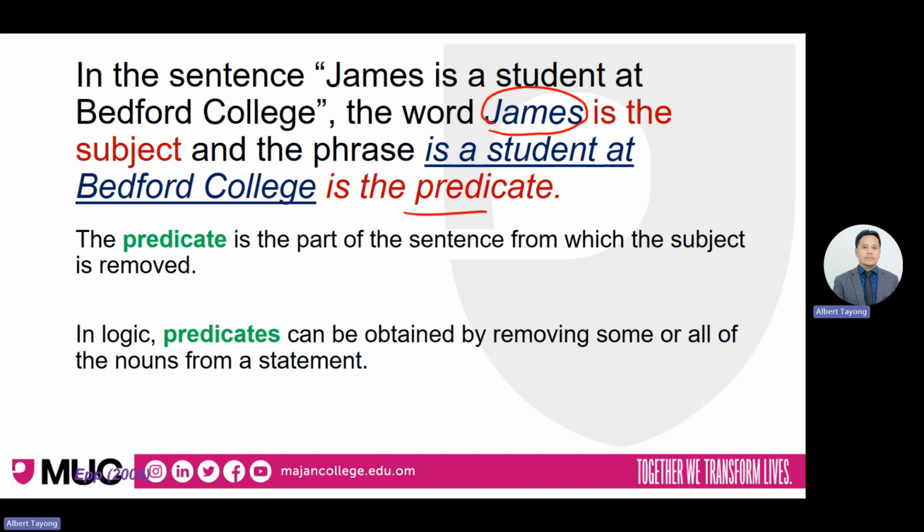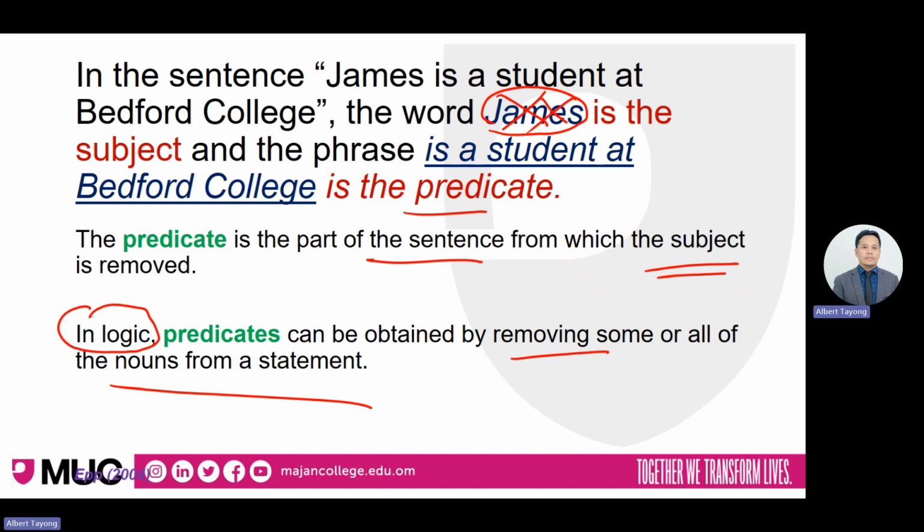It is the part of a sentence from which the subject is removed. So if you remove James, the remaining part of the sentence is the predicate. But in logic, specifically, predicates can be obtained by removing some or all of the nouns from a statement.